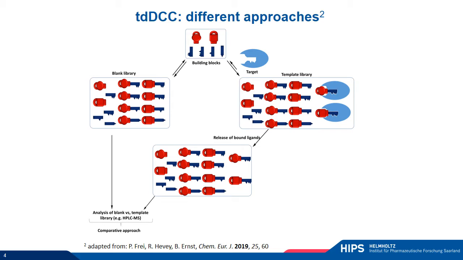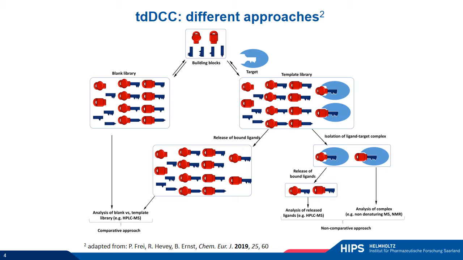This is also needed to avoid the library re-equilibrating and the protein further amplifying the binders. Then the comparative analysis of the blank and the templated library will provide the information about the amplified hits in this comparative approach.